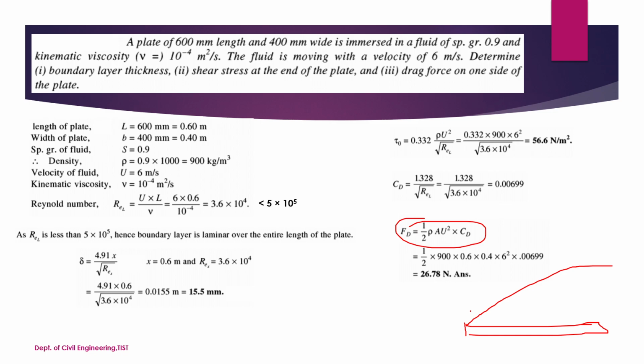What I mean is that if you have two sections, section 1 and section 2, and in any question we are asked to find the drag force only for this particular portion, we won't be able to directly apply this formula. But if the drag force for the entire plate is asked, we can apply this formula. Now we'll do another problem.